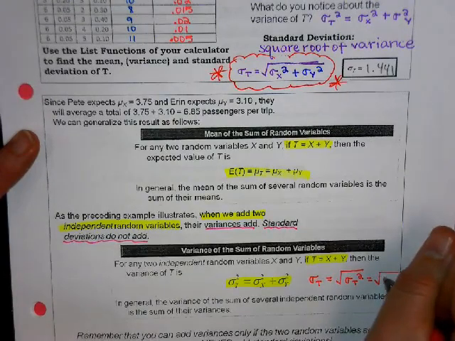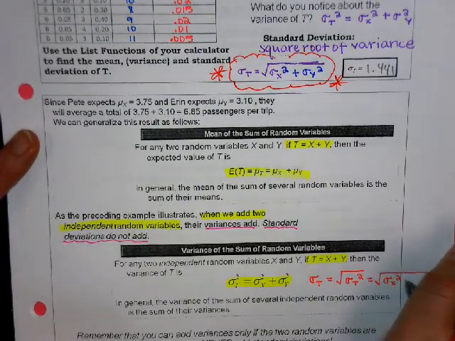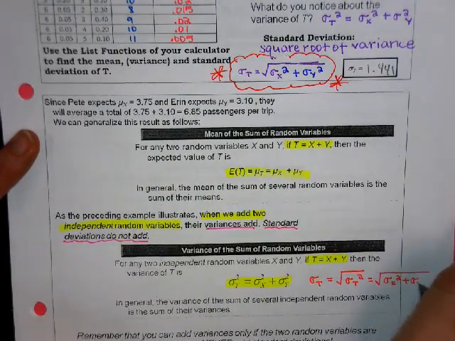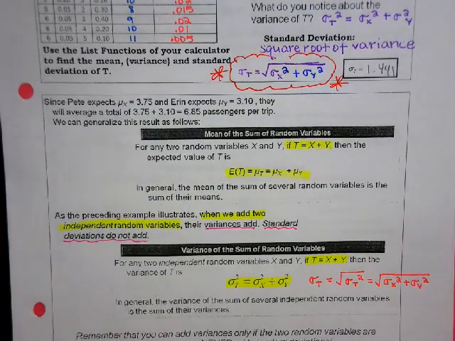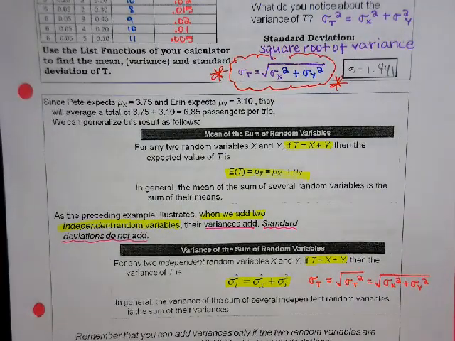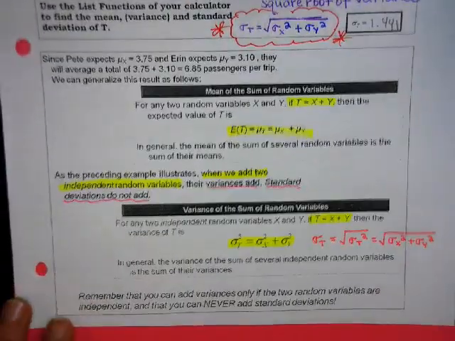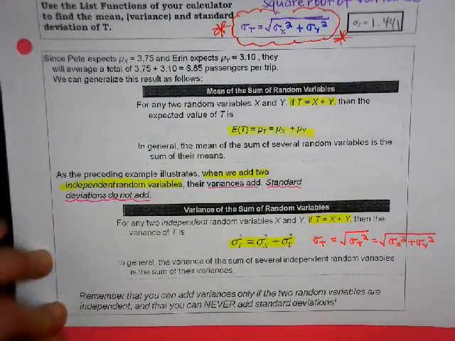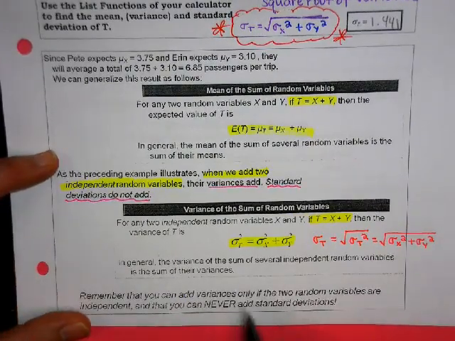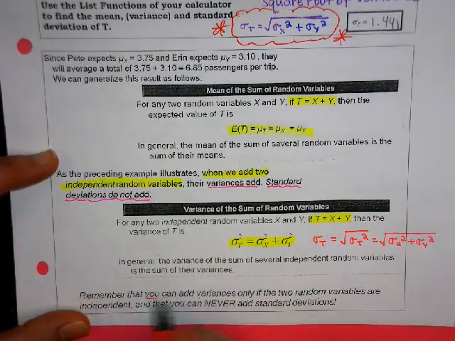We can only add the variances if the two random variables are independent. And no matter what, you can never, ever, ever just add standard deviations. That's the quickest way to get the answer wrong.